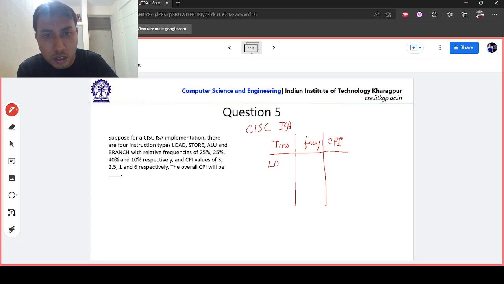Load is 25% of the instructions, and it has a CPI of 3. Store has 25% of the instructions, and it has a CPI of 2.5.